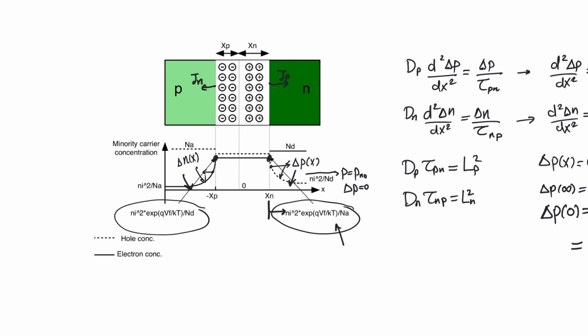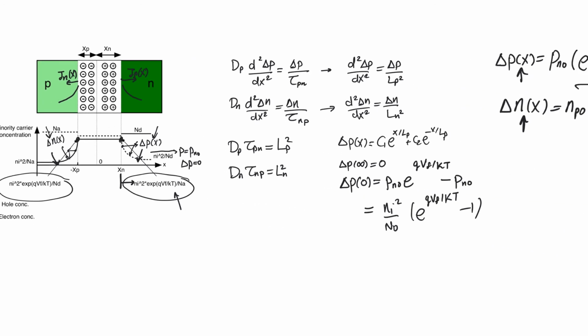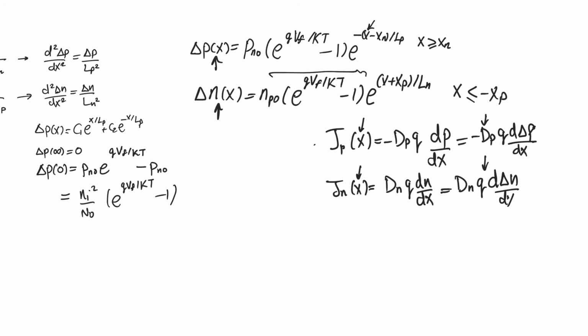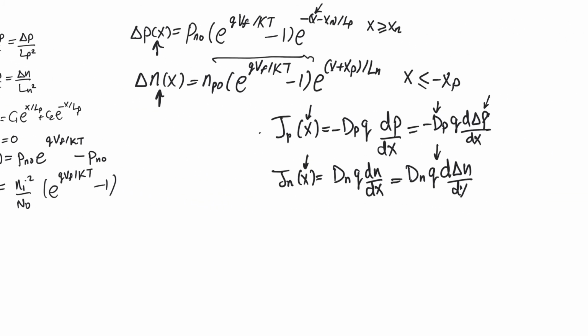Because holes recombine quickly on the n side and electrons recombine quickly on the p side, we will find that Jp and Jn are functions of x, and they both drop towards x equals infinity and x equals minus infinity, pretty much the same way delta p and delta n drop, because Jp and Jn are strong functions of delta p and delta n. Therefore, both diffusion currents are going to be functions of x.